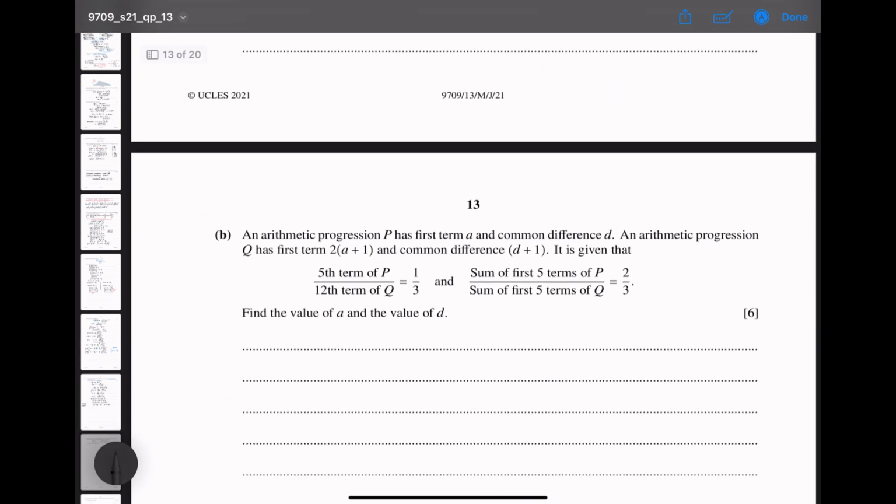Now part B of this question is: another progression P has a first term A and common difference D. Here in this question the progression is arithmetic. An arithmetic progression P has first term A and common difference D. Another arithmetic progression, named Q, has first term 2A plus 1 and common difference D plus 1.